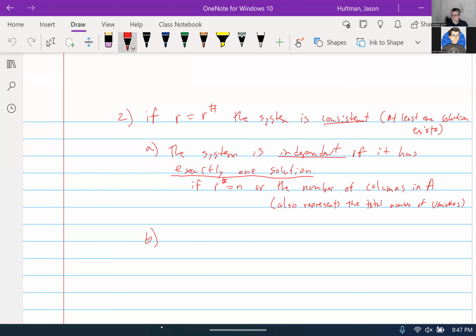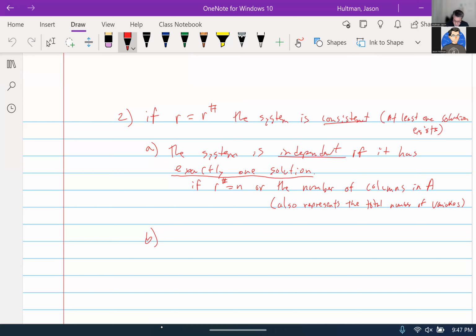So again, an infinite number of solutions doesn't mean that everything's a solution. It means that there just happens to be more than one value for each of these variables that work. We'll get to what that means in a second when we do our second example.